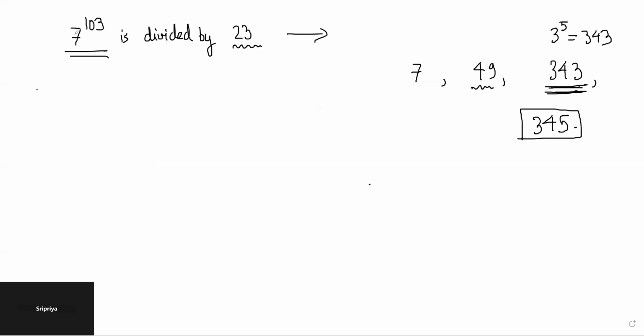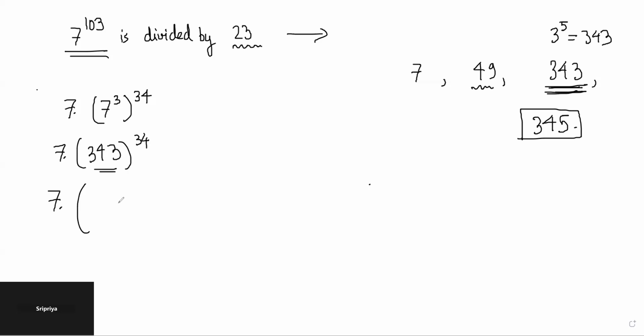I will say here there is 103. So 102 is divisible by 3. So it is 7 into 7 to the power 3 to the power 34, right? Yeah, 7 into 343 to the power 34. And this is basically 345 minus 2.